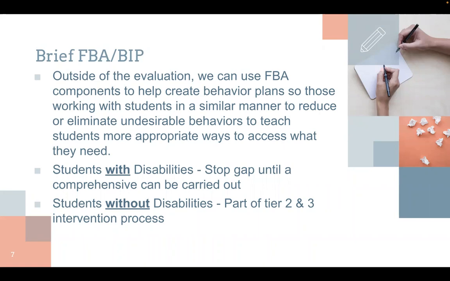We used it with students with disabilities when we were in the process of revising or creating a comprehensive FBA and BIP, and we needed something in the interim, right? As we were getting that bigger comprehensive one put together with our indirect and direct data collection. And we also used it as a tool for designing tier 2 and 3 behavioral support for students with and without disabilities. So think about it, just like with reading and math, we collect data and design interventions prior to a special ed referral. But from my experience, behaviorally, that data and a clear plan are often missing.